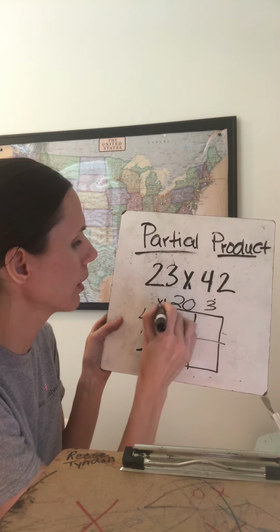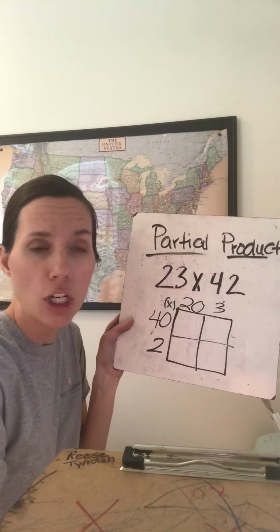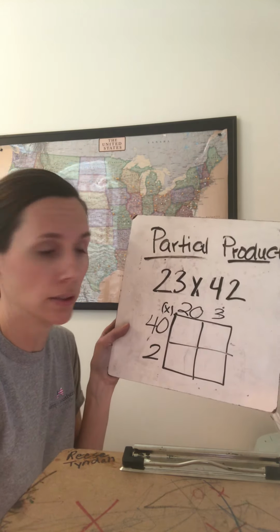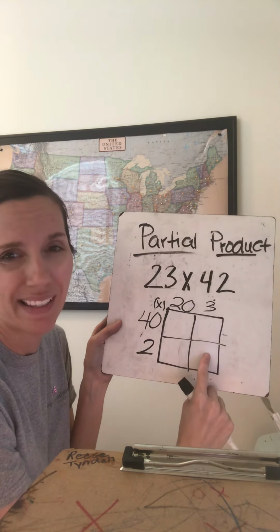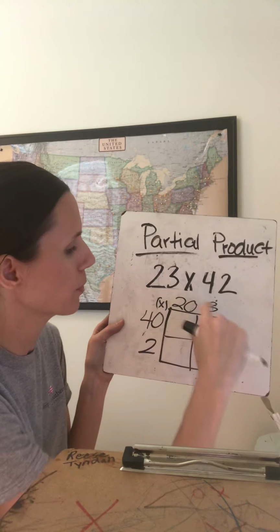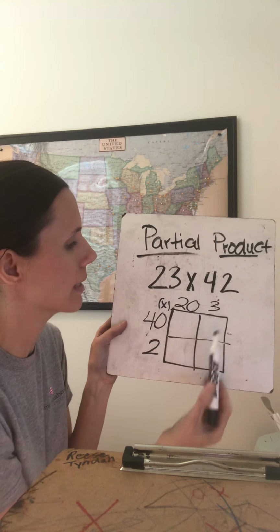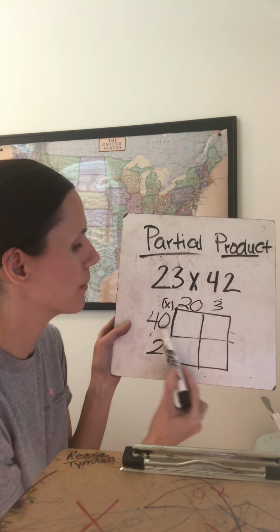I'm going to go ahead and put a little tiny X in that corner just to remind myself, okay, we're multiplying. I'm going to focus first on the first row before I even move to that second row. All right, so here's that first row, and I'm going to go into this first box, and I'm going to say 20 times 40.